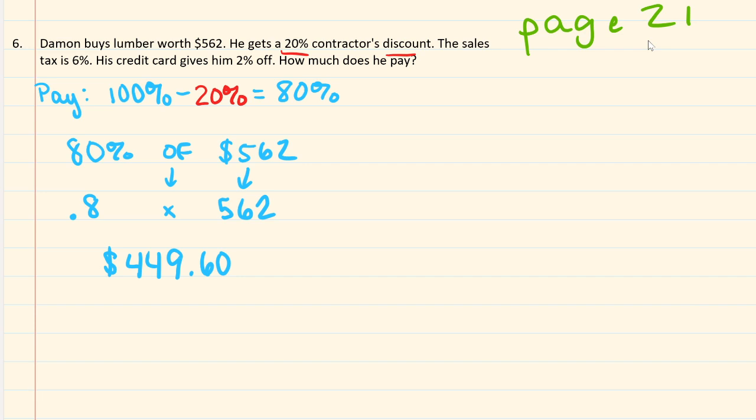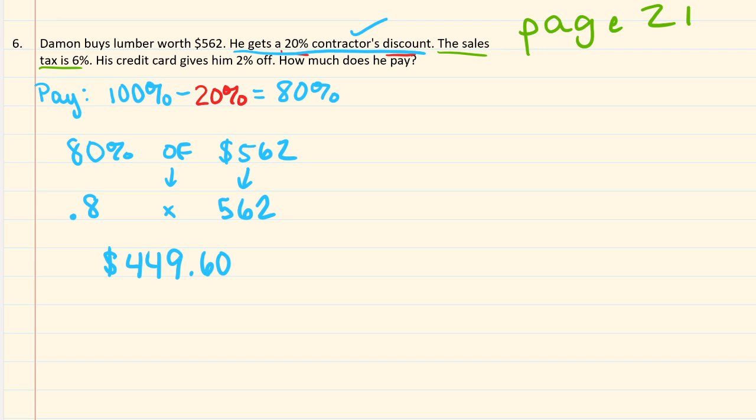Now that's just the first part of the question. So we've done this part right here. Check. Now let's do the next part. The sales tax is 6%. So again, sales tax is what you're paying in addition to the price.